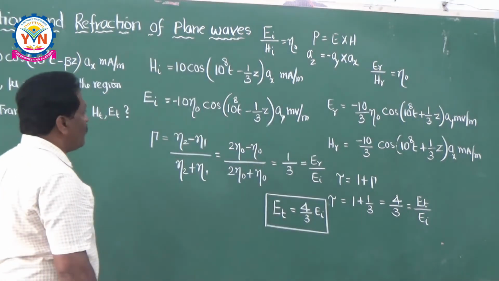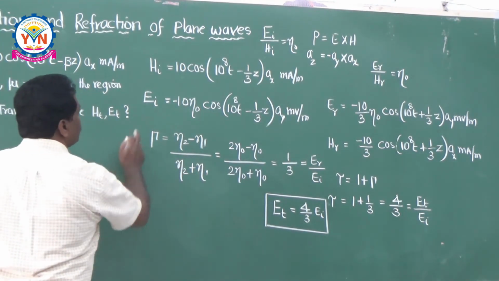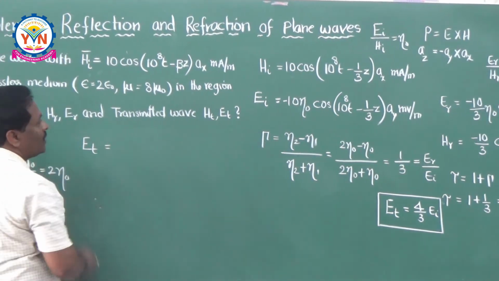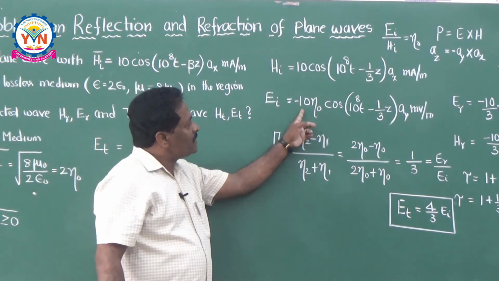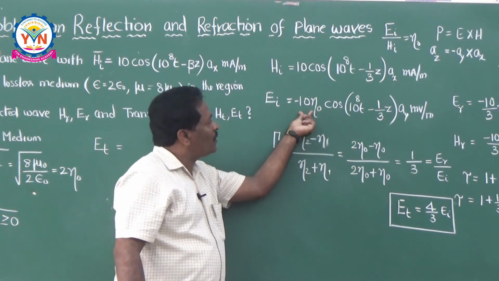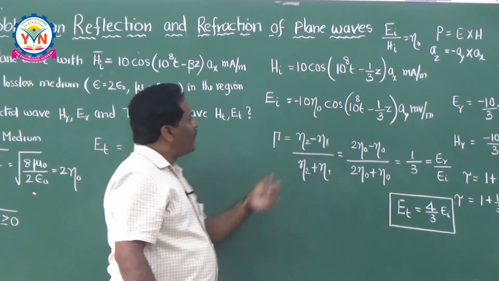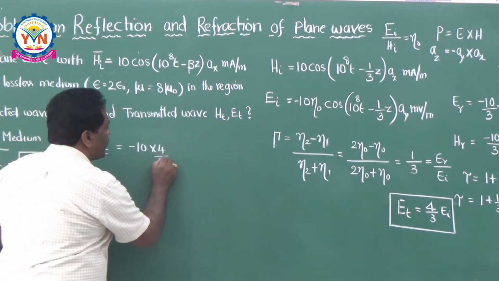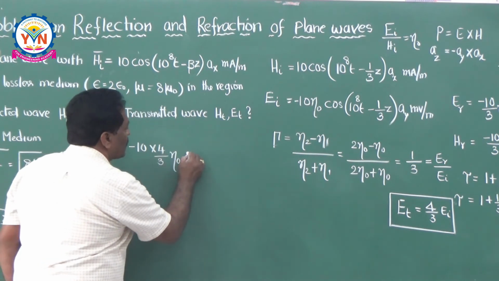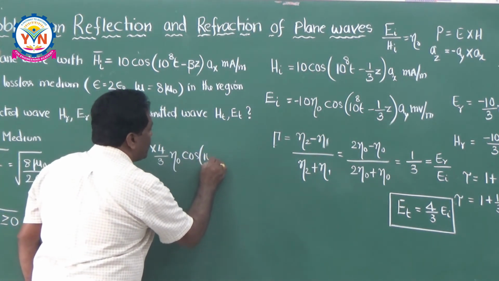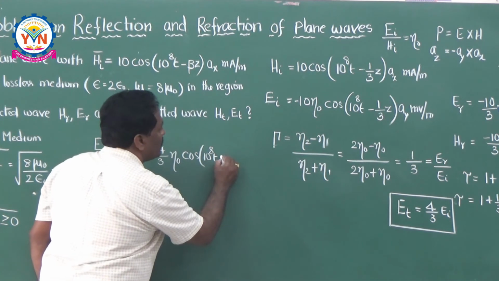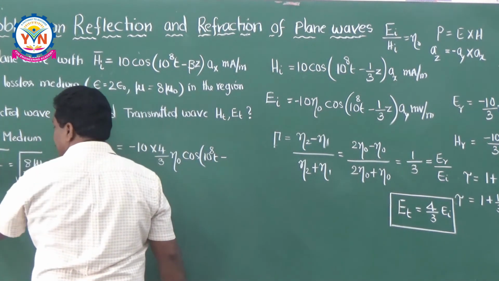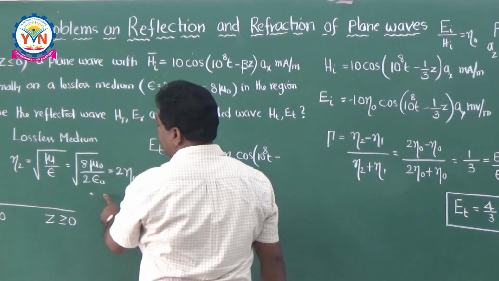Okay. Now, for writing this transmitted component, ET is equal to, what is the amplitude of this one? This is 4/3 of EI. So minus 10 into 4/3 eta naught cos of 10 power 8 t minus beta 2 z, because it is the second medium. Transmission means from this medium to this medium, so that is the reason you can say this is beta 2.